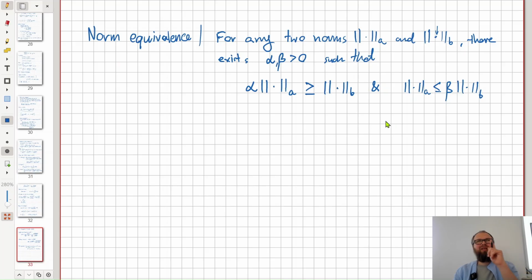Let's say you want to bound your operator valued series, right? You bound it with some norm, right? Immediately, because of equivalence, it also bounds with any other norm, right?